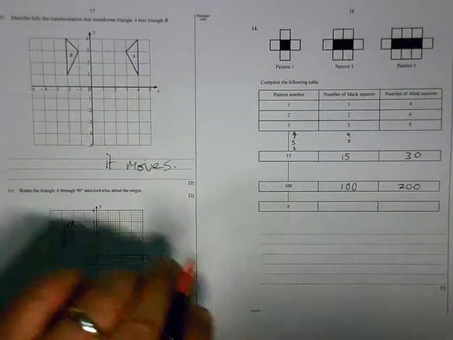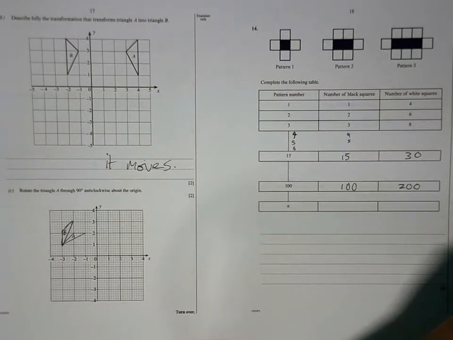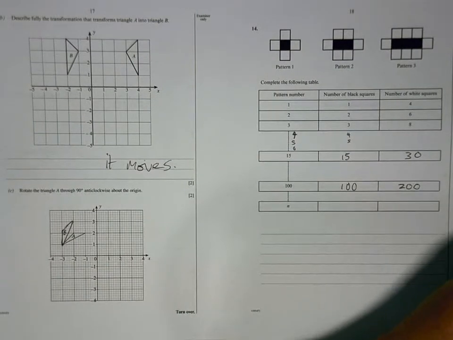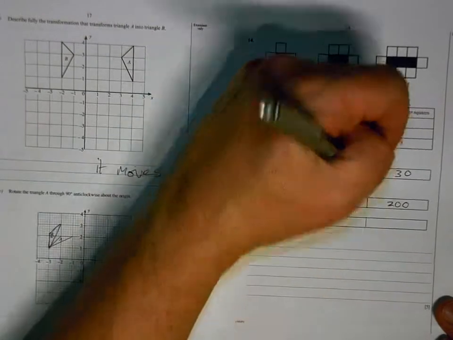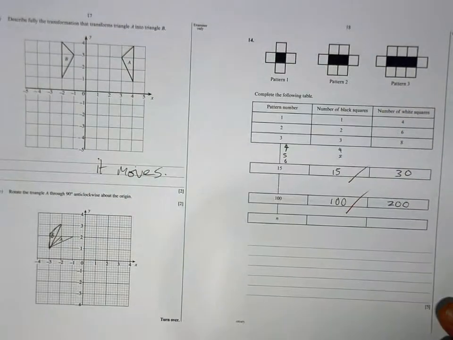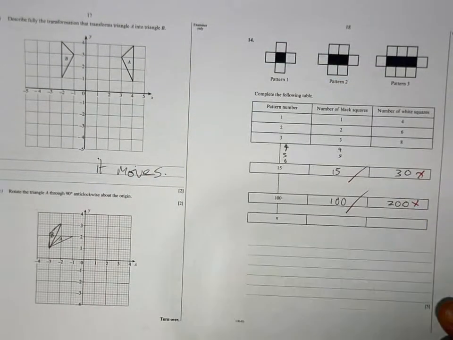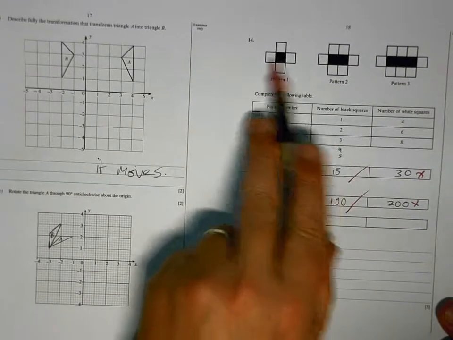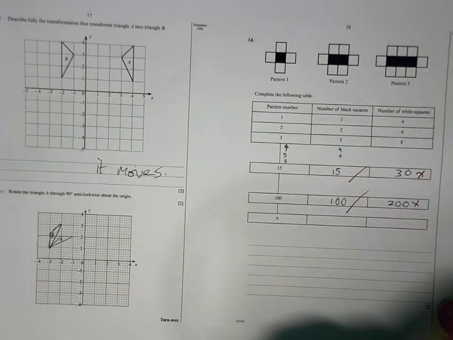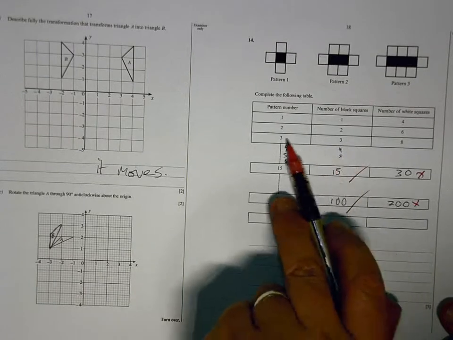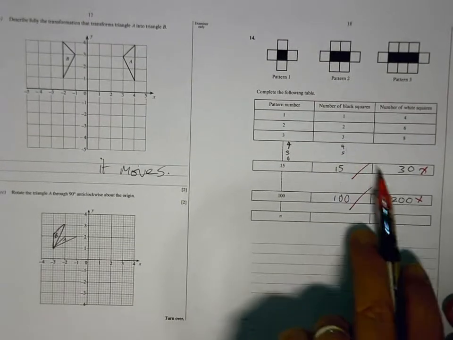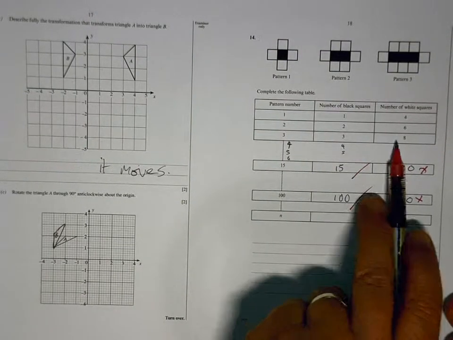I'll go through those in class. We haven't done those, so nobody is going to get those right. 15 is right, 100 is right, but these are both wrong because you have to add on the end 2. Okay, those are the same, which you spotted, but these aren't the same.